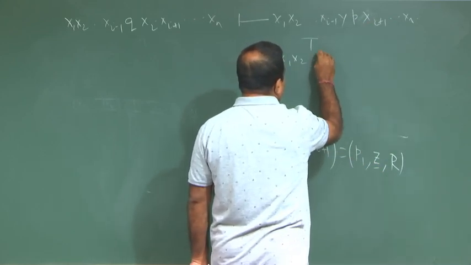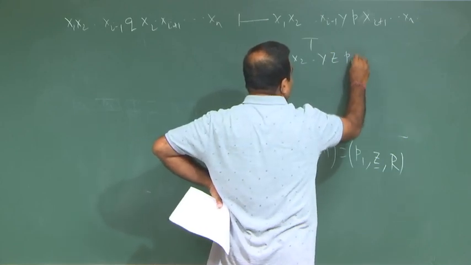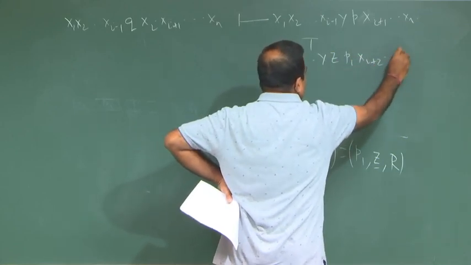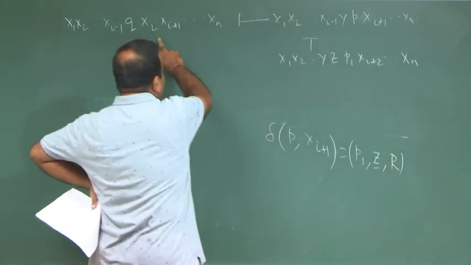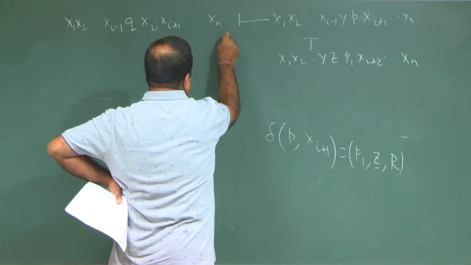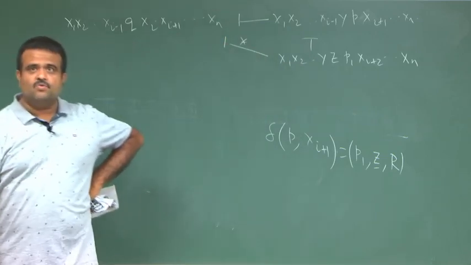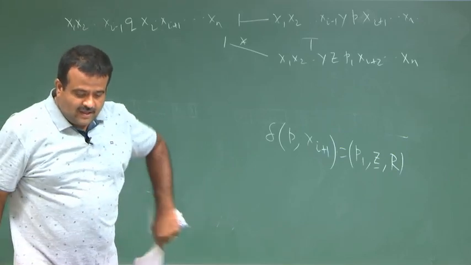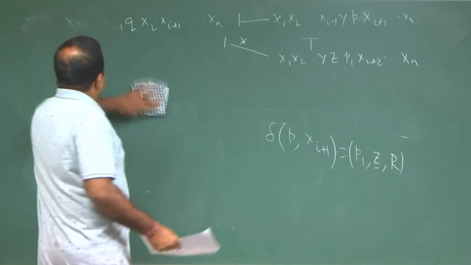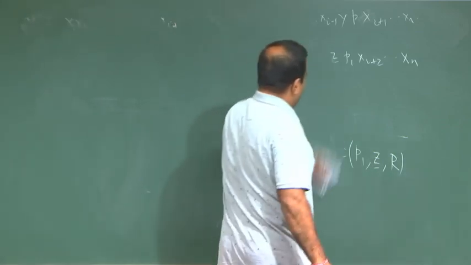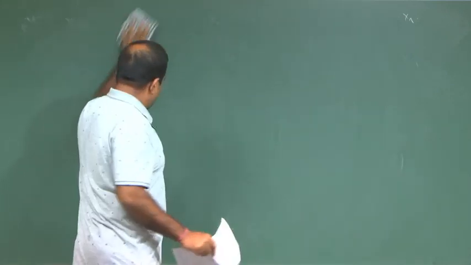So, this will be Z, and then we have p1, xi plus 2, like this. From here to here we have a move relation applied more than one time. So, this is the way we can define the move relation. Now, based on this move relation, we can define the language accepted by this Turing machine.